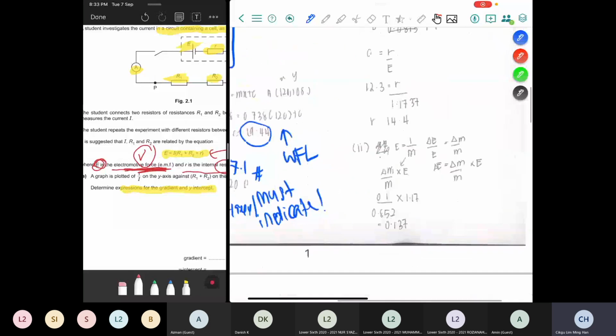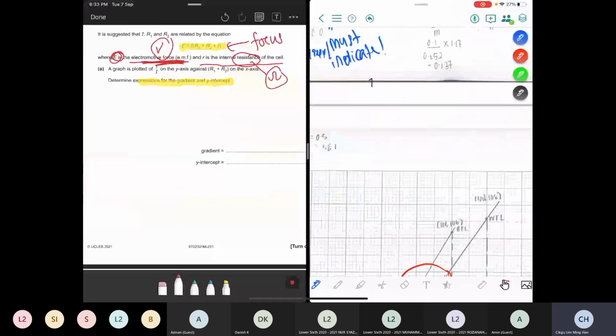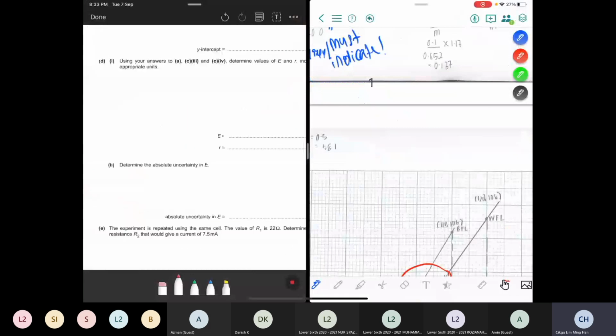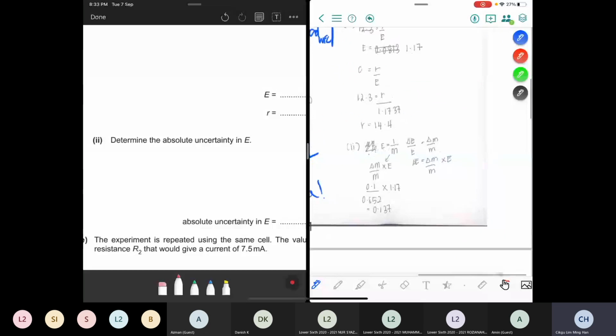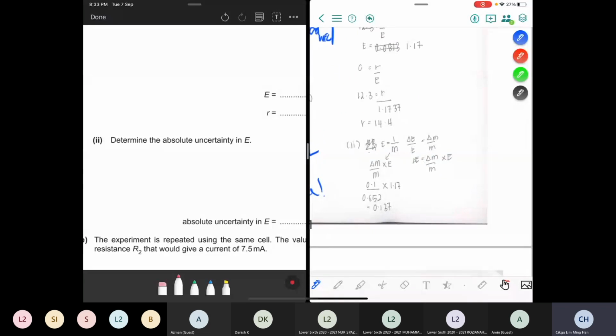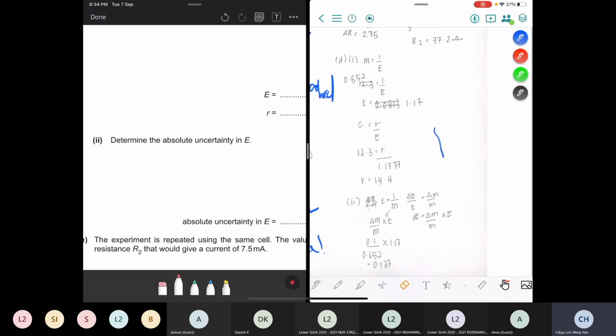Part 2. Okay, this is your part 2. Let me just scroll down to the question. Uncertainty of E. So this is your uncertainty of E. I will try to rewrite what you wrote. So maybe I write down somewhere here. Okay, so it was given in the front, in part 1.